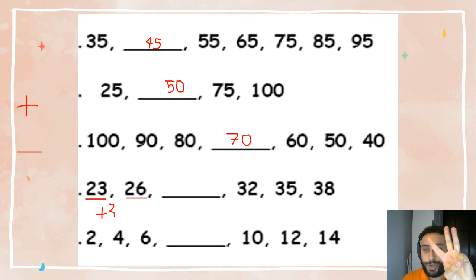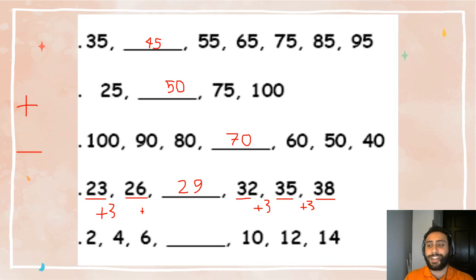Plus 3. Right? Look at here. Plus 3. Plus 3. So, 26. What is after 26? Just add 3. 26 plus 3 is 29. Easy. Great job, guys.